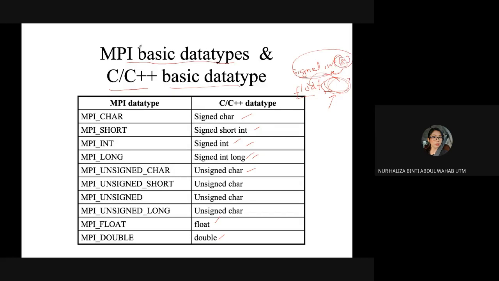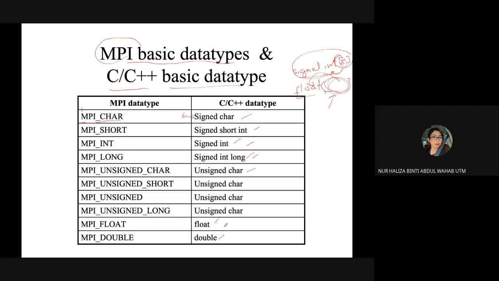And the same goes to MPI. In MPI, you also need to declare whatever data you have as the input. Similar to C and C++, you can see there is a correlation between each other, only it is different in terms of wording.